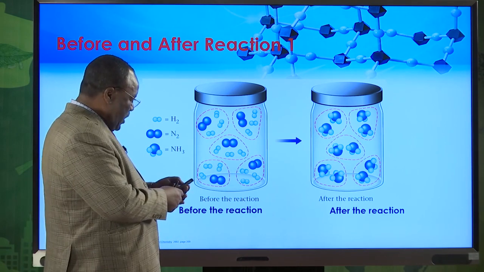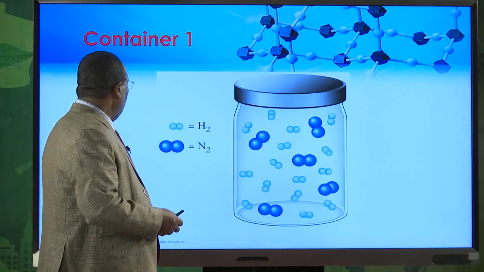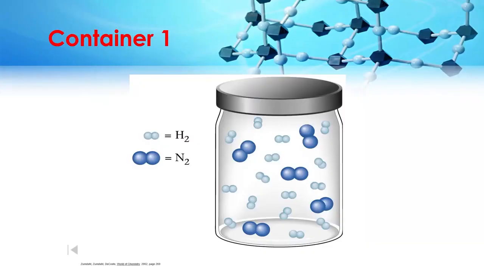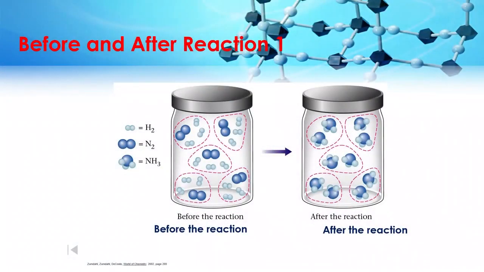How many molecules of hydrogen are there? 1, 2, 3, 4, 5, 6, 7, 8, 9, 10, 11, 12, 13, 14. And we have 1, 2, 3, 4, 5 molecules of nitrogen, or you can say moles of nitrogen or moles of hydrogen. So let's see the reaction between hydrogen and nitrogen.